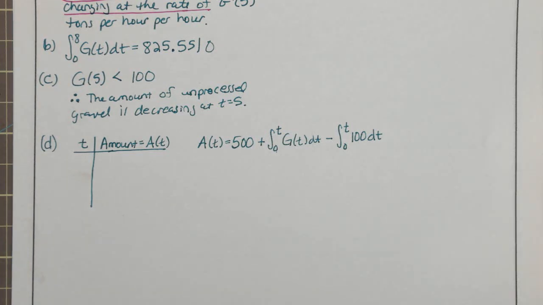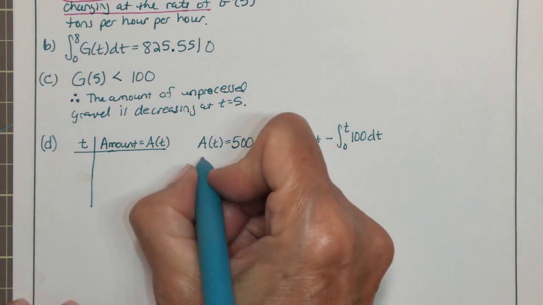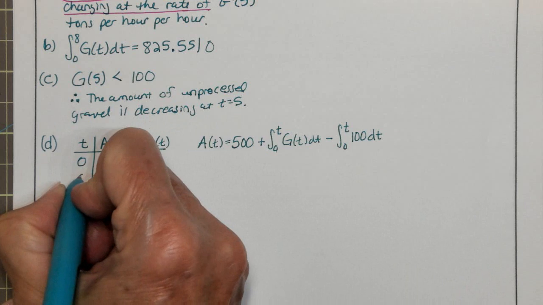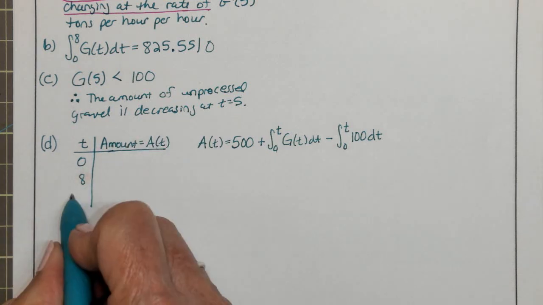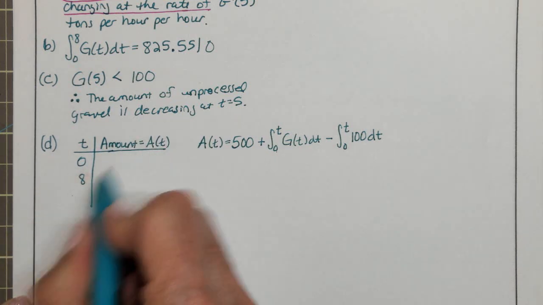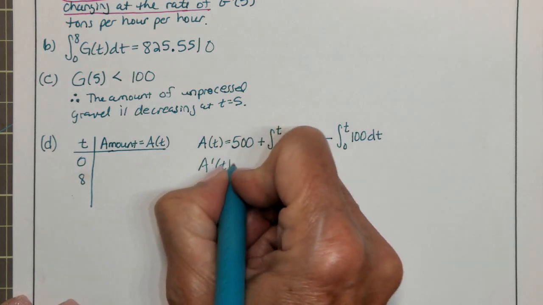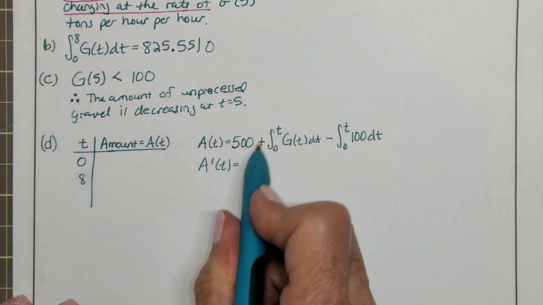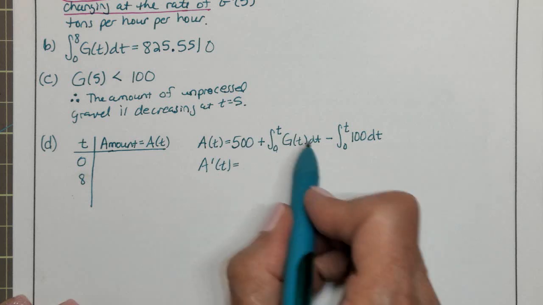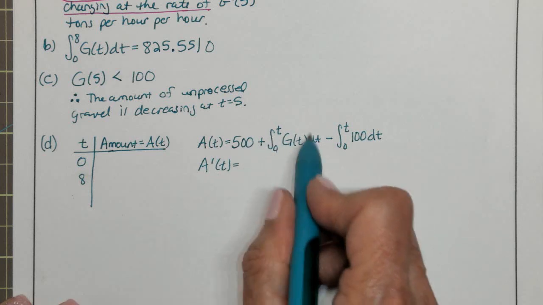Okay, so that's the amount. So 0 to 8, and then I want the critical numbers. That's when A prime is 0. Well, A prime is, what's the derivative of 500? 0. What's the derivative of this integral?